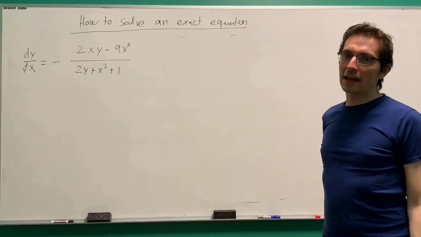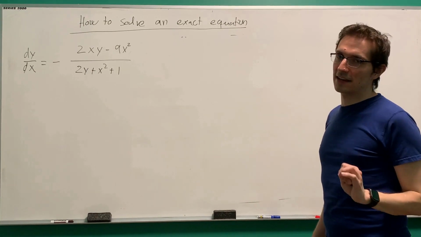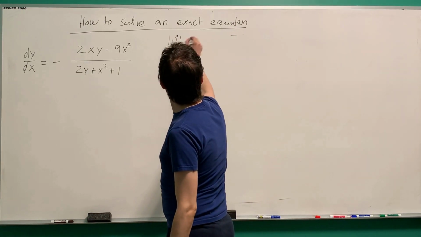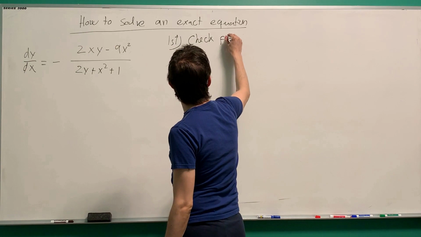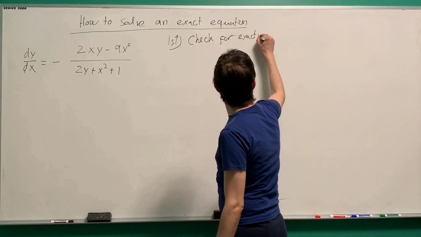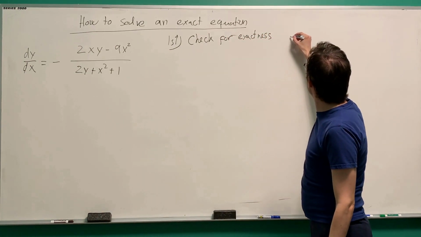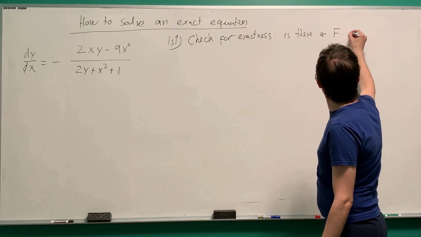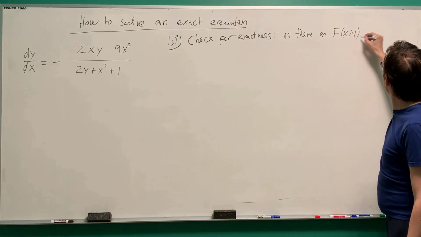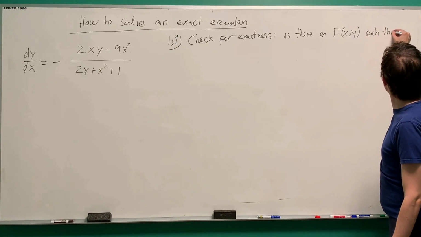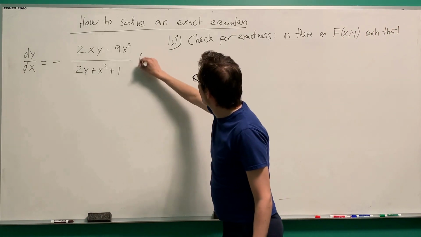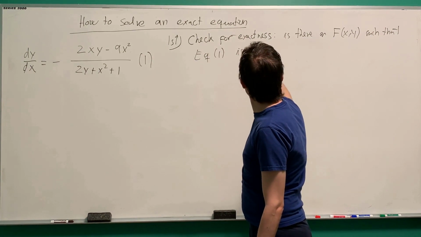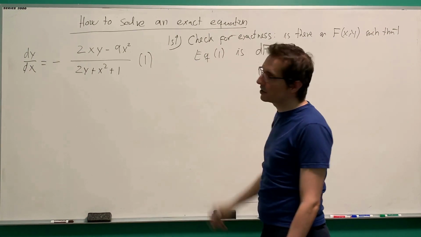If you have an equation like that, it does look like perhaps this is an exact equation. So let's see, first step: check for exactness, which is the same as saying, is there an f of x,y such that equation 1 is the df of some function equated to 0?